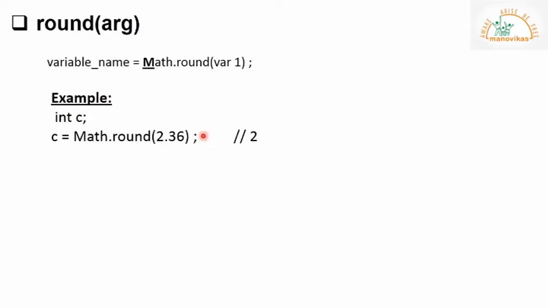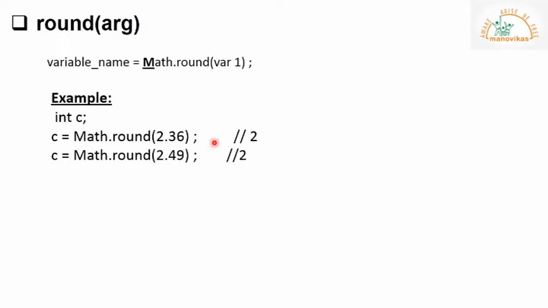The reason is after the decimal point you have 3, that is 0.36 is below 0.5. When it is below 0.5, it will be rounded to the lower integer. The lower integer around this number is 2. So the result is 2.